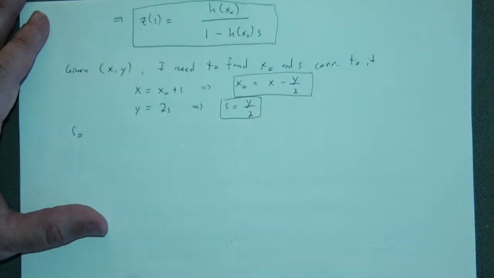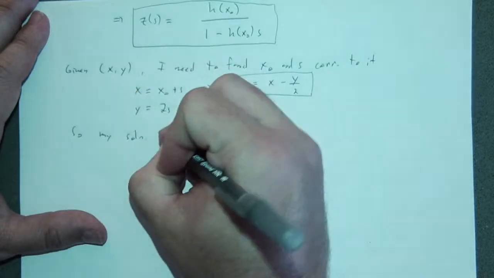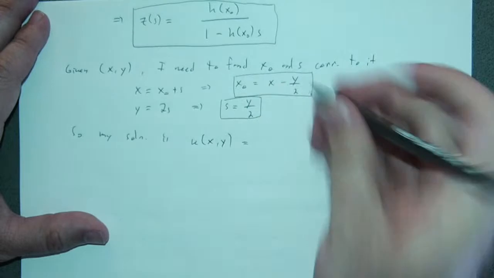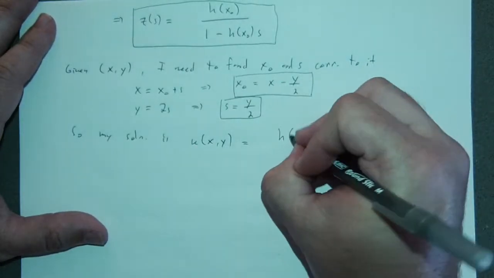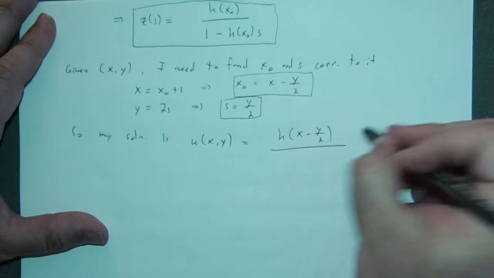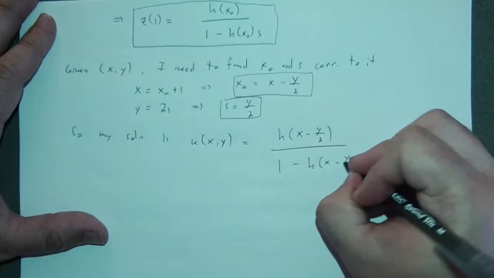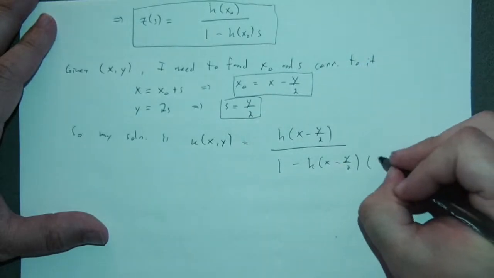And so, using this form of z, I can write out the solution. So my solution is u of x y is h of x naught, so this is h of x minus y over 2, divided by 1 minus h of x minus y over 2, times s, which is y over 2.